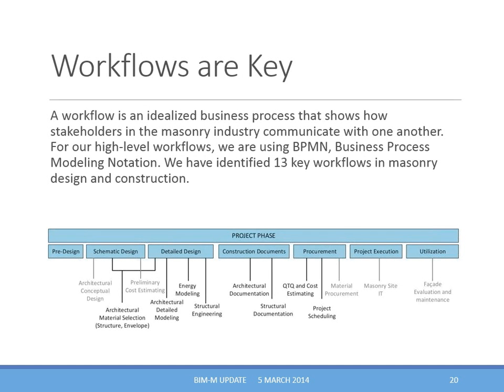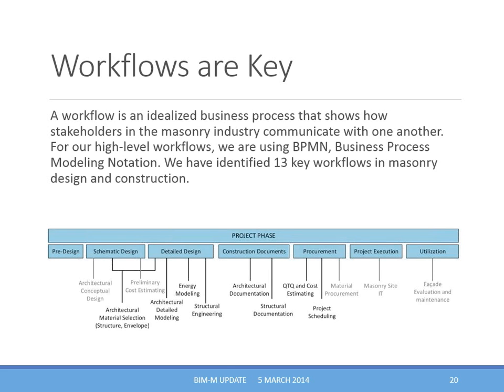When we talk about workflows, what we mean is how do you work in your office, how does information flow in your office, and what software tools are used, and how do you transfer information from one stakeholder to another. And we've identified 13 key workflows.